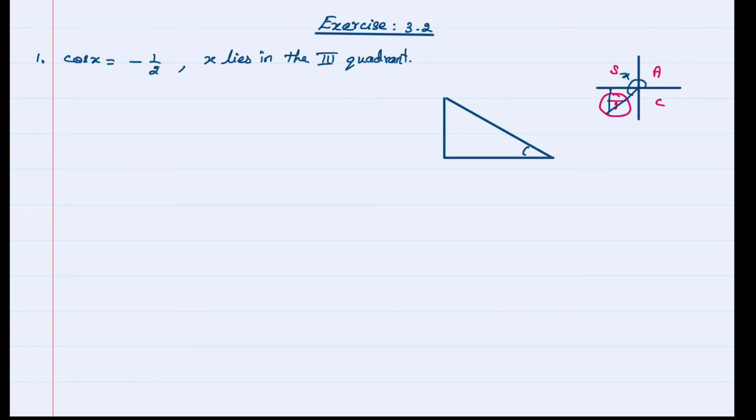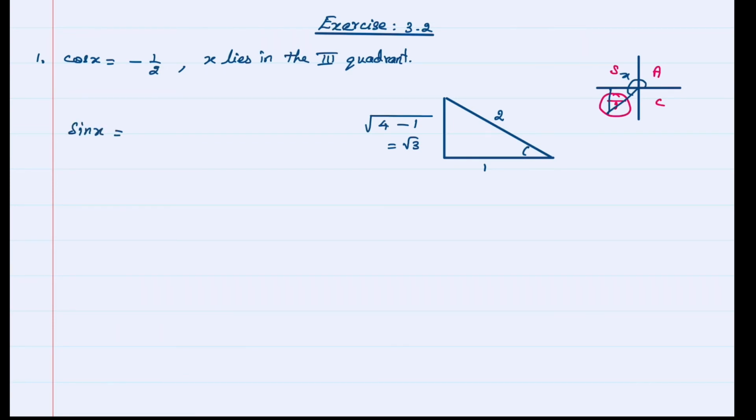Cos is adjacent side divided by the hypotenuse. So, we will calculate the opposite side, which is under root 2 square minus 1 square, using Pythagoras theorem. We get root 3. Now, we will be able to write the other 5 trigonometric ratios.